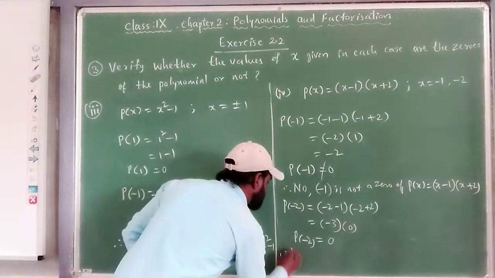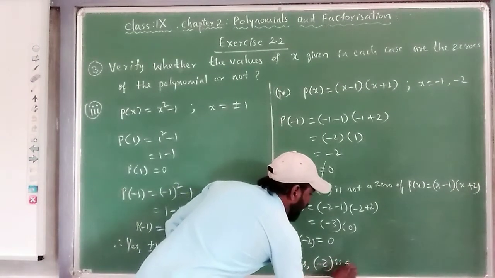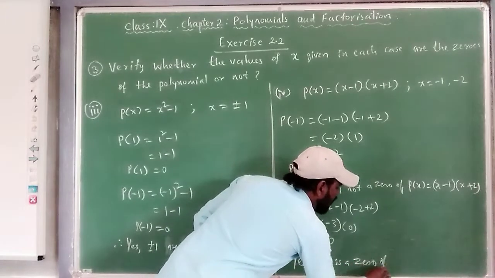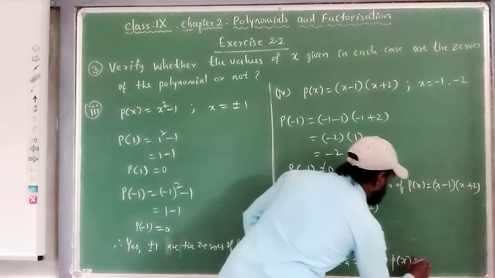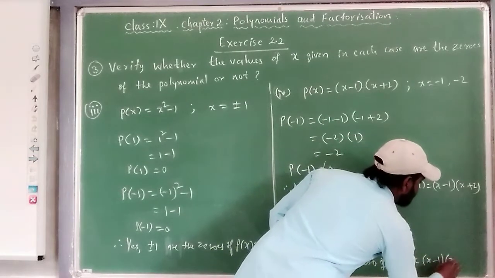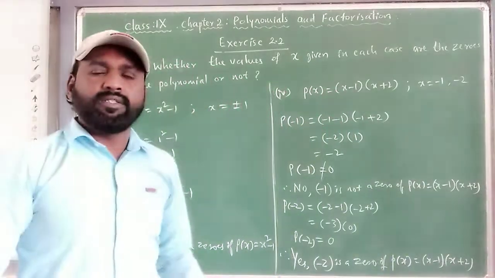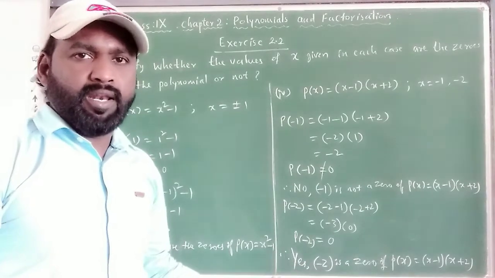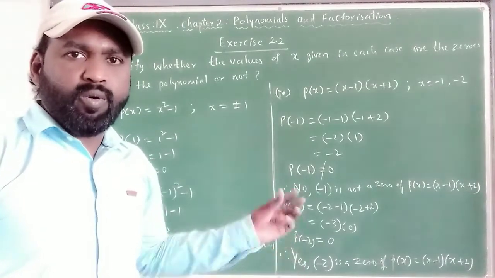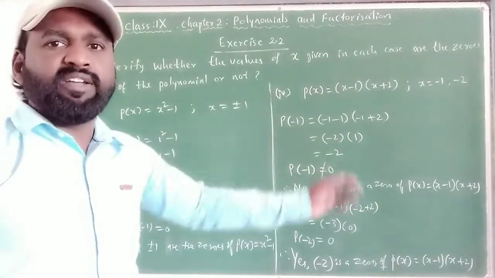So minus 2 is a 0 of P of x is equal to x minus 1 into x plus 2. So simple: just substitute the given value in place of the variable in the polynomial and simplify it. If you get the whole value equal to 0, the given value of x is a 0 of the given polynomial.